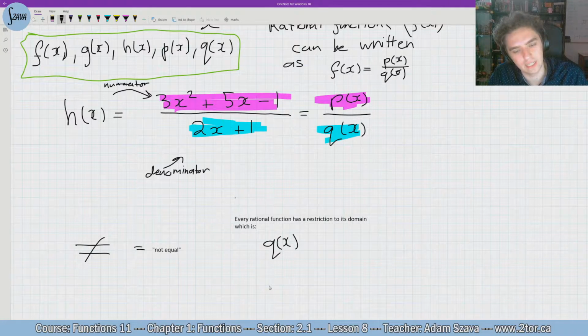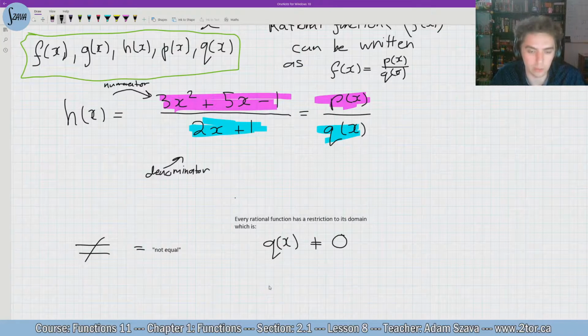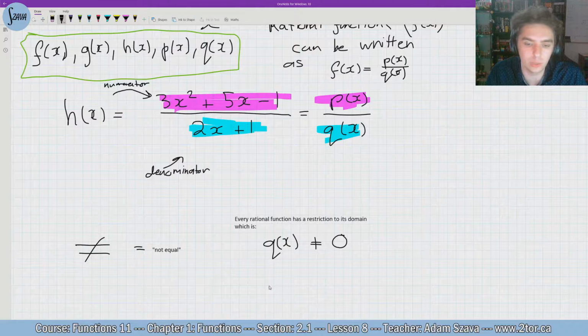Q of x does not equal 0. Q of x can't equal 0. That's the restriction you're putting on the domain, because Q of x is our denominator function. We're kind of just giving them names here. P of x is our numerator function. Q of x is our denominator function. So every rational function has a restriction to its domain, which is Q of x can't equal 0.